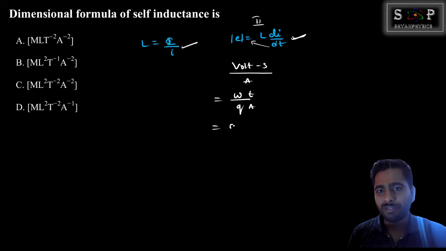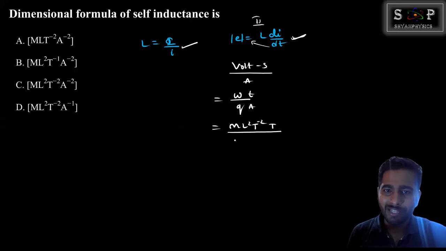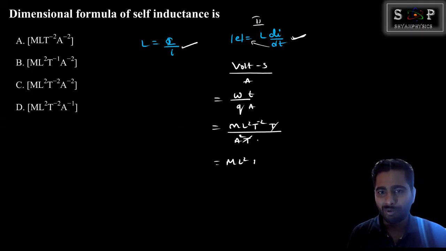Work done m L2 t power minus 2, one more t will be added here, divided by charge, ampere time into one more ampere added here. So time cancels, m L to the power 2 t to the power minus 2 a to the power minus 2. T will not be cancelled. It is m L2 t to the power minus 2 a to the power minus 2.